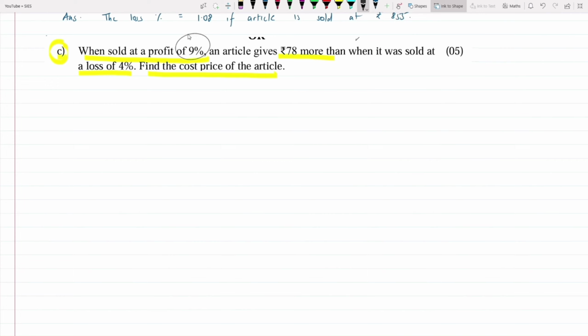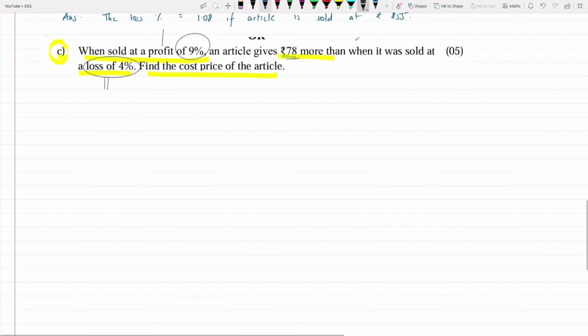We sell an object at a certain price and we earn a profit of 9%, and the same object we are selling at some other price, and that price is giving us a loss of 4%. And of course the selling price in the first deal is going to be more than the selling price in the second deal, and the difference between the two selling prices is 78 rupees.